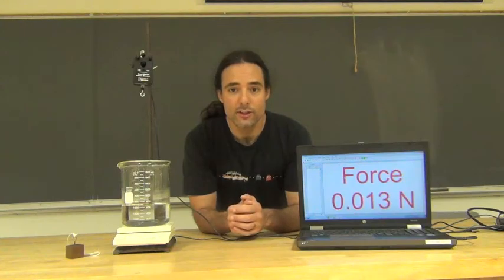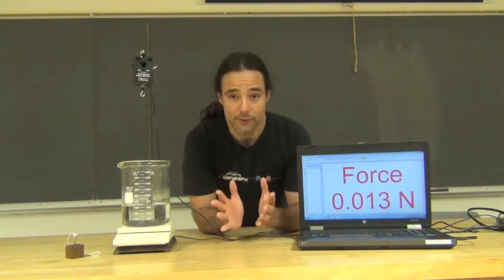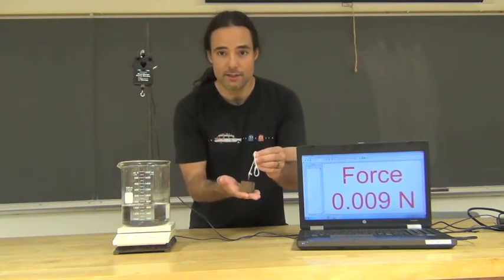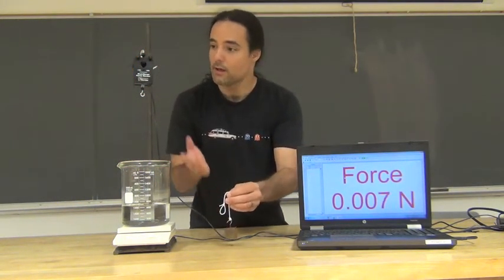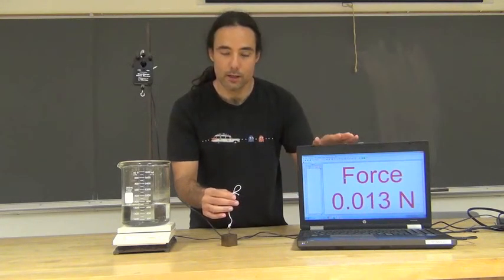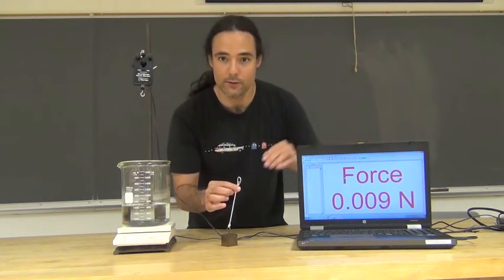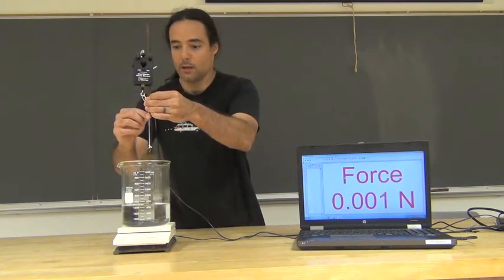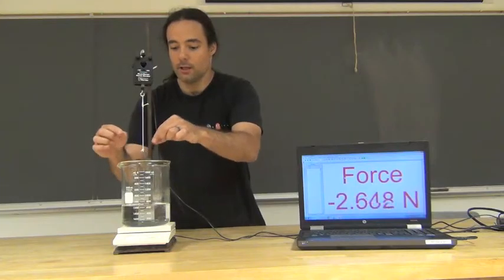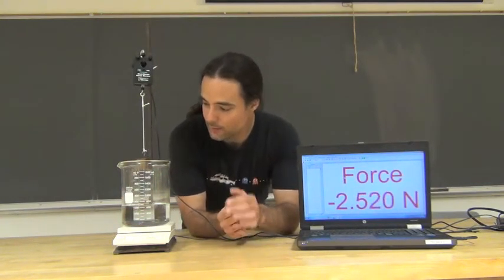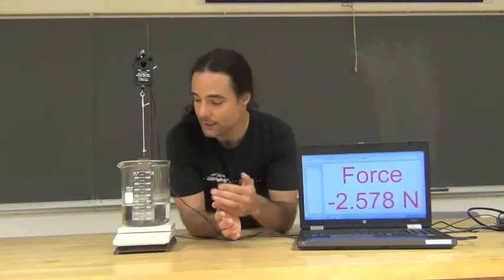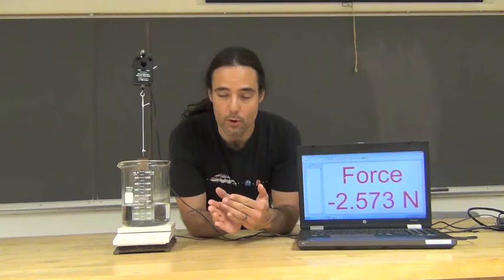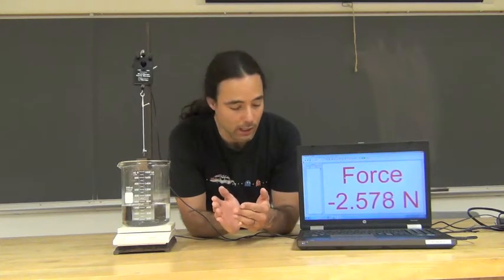If that model of buoyancy is correct, we should be able to test it. So that's what we're going to do here. I have here a 273 gram brass weight. I have a force meter here, which we're measuring the force on using this computer. We can see if this force meter is measuring things correctly, then this 273 gram weight should give a force of about 2.6 newtons.